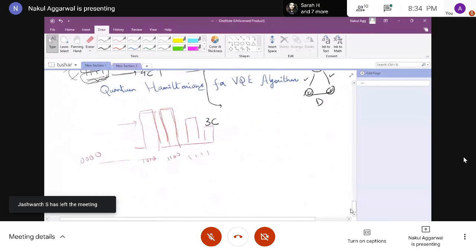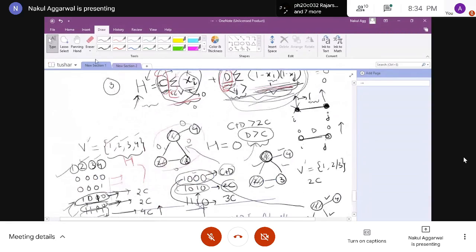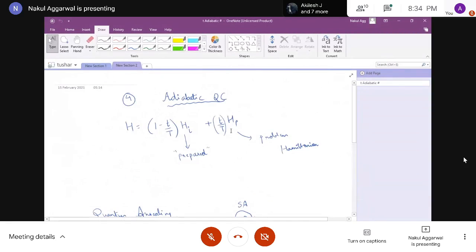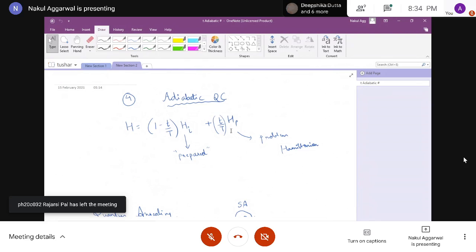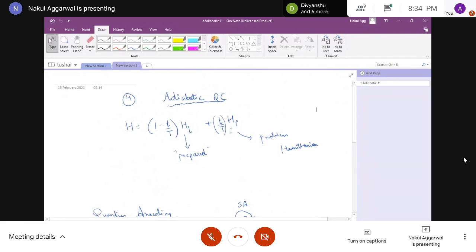I don't think we have time to cover quantum Hamiltonians for the VQE algorithm, but in the remaining half an hour, I would like to quickly discuss adiabatic quantum computation and quantum annealing. And in the next session, I have a total of 20 to 25 questions, and it will be very good that we design some cost functions for those 25 problems and then, in the third and ultimate meeting, try to implement them on D-Wave.